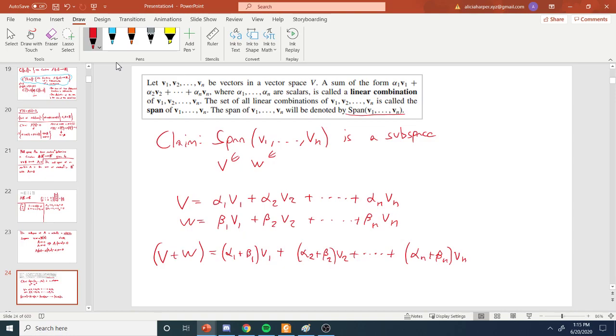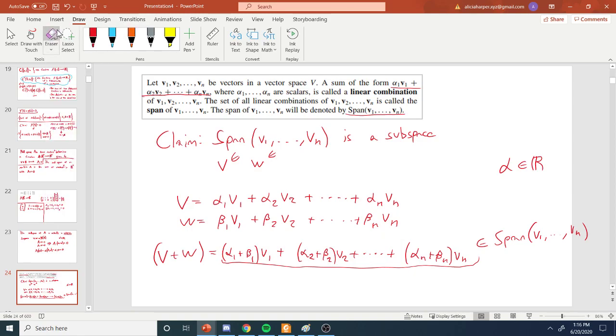So you'll note that when we add this vector to this vector and we get this, this is also in this form, which means that the sum of two vectors in the span is also an element of the span. Likewise, if we have a real number, actually let me choose a different letter here, say gamma.